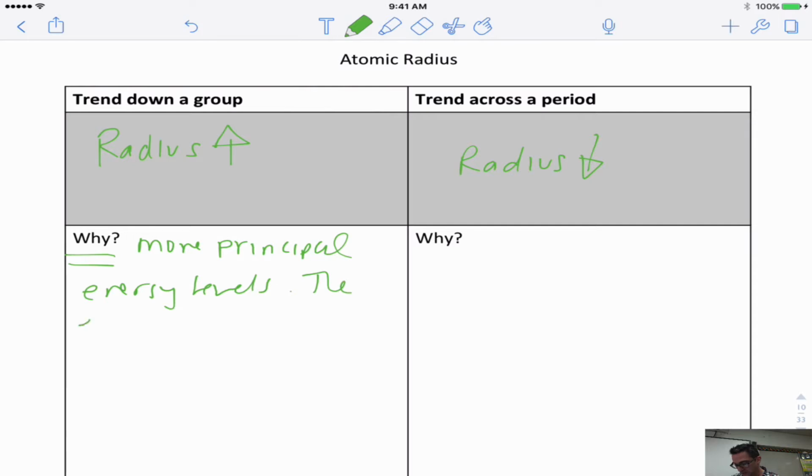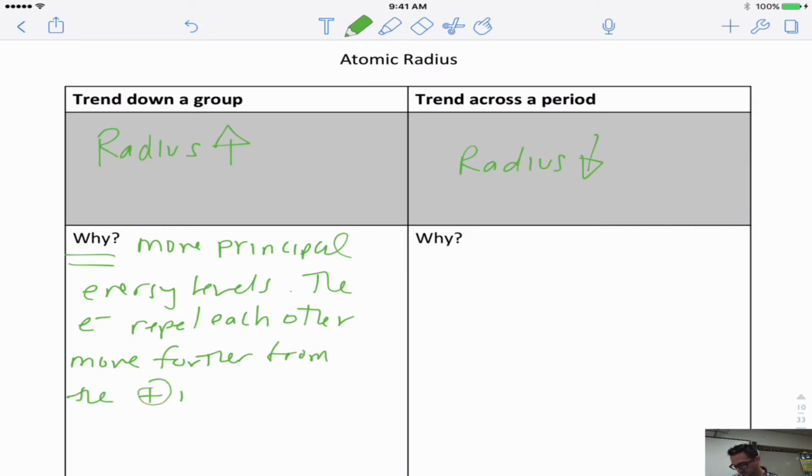So the electrons repel each other and they move further from the positive nucleus. So, if you were to ask me, why does this radius increase? It will mainly be due to those increases in principal energy levels.